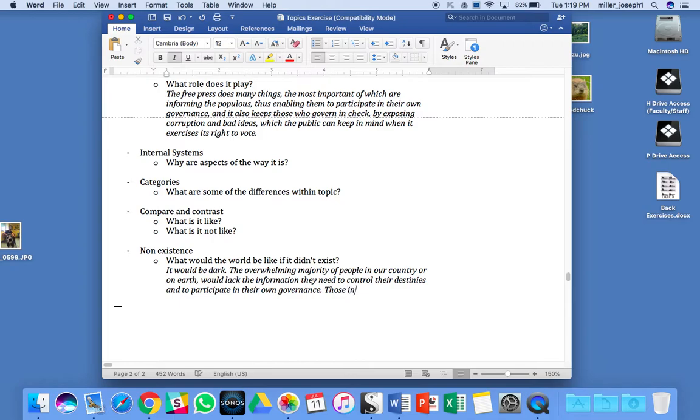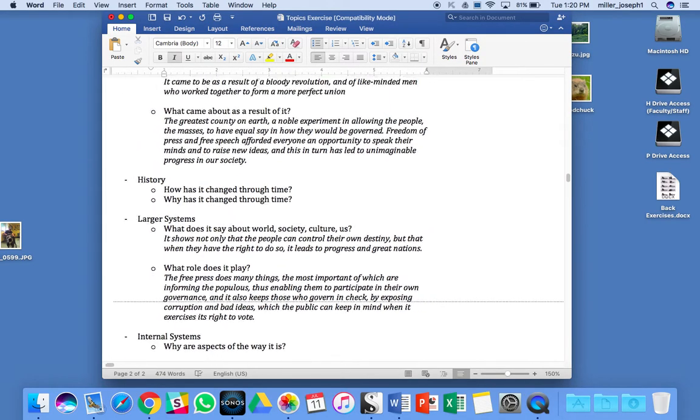Those in power would be able to do whatever they want, including taking away people's freedoms, money, and indeed their very lives. All right, so that's 3.